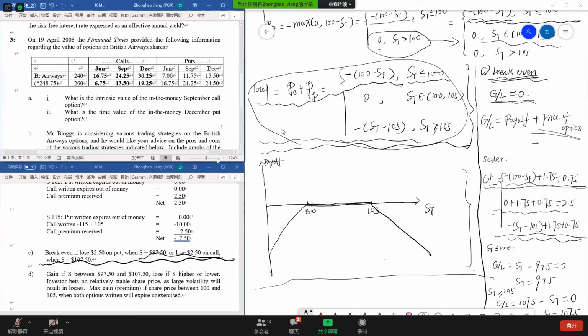first you should know these two numbers are exercise prices, and this number is the spot price.